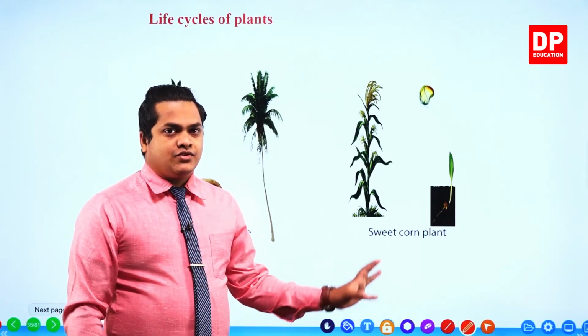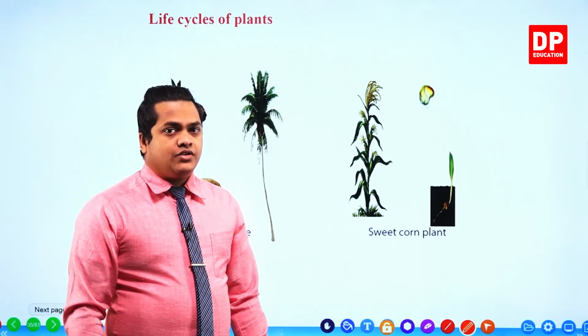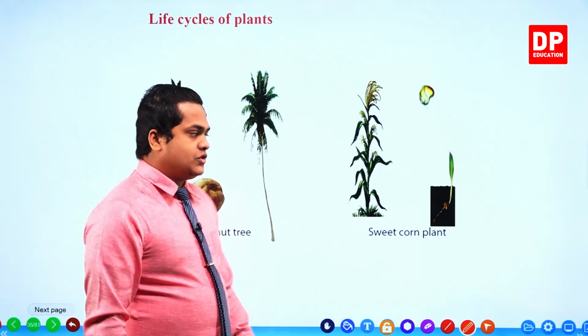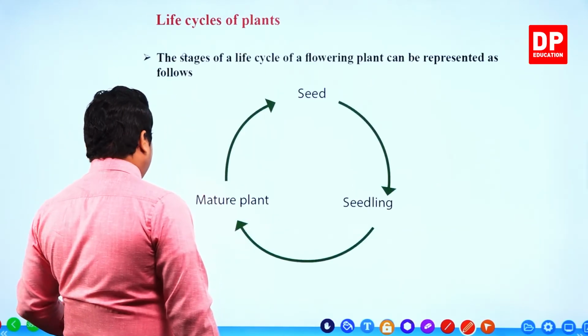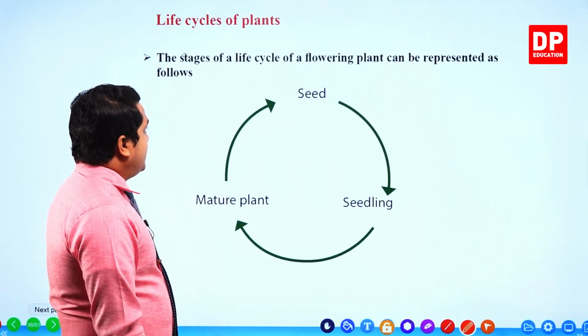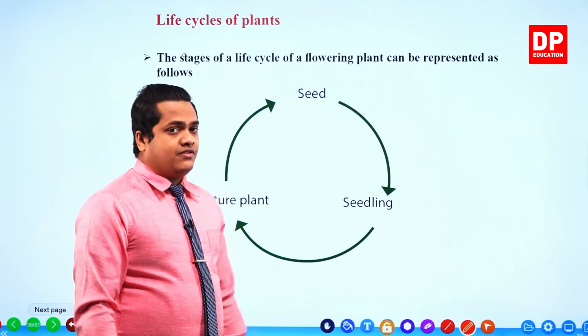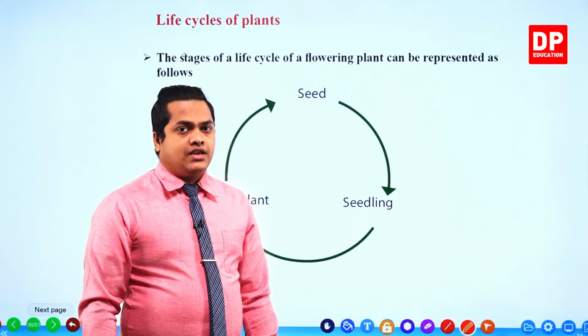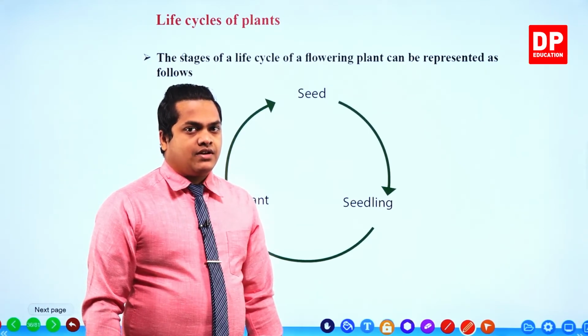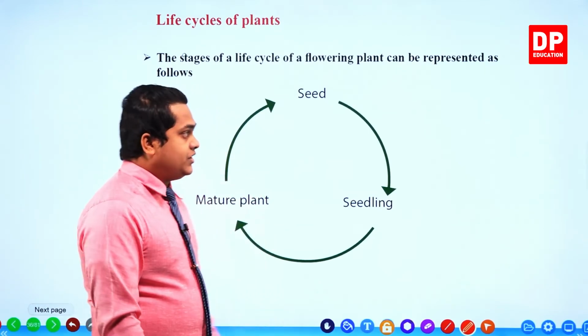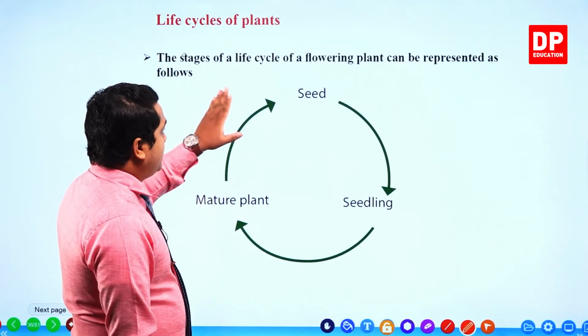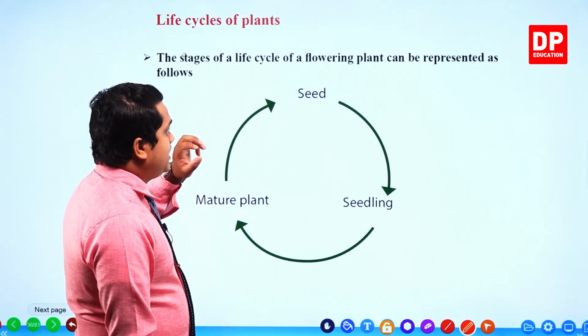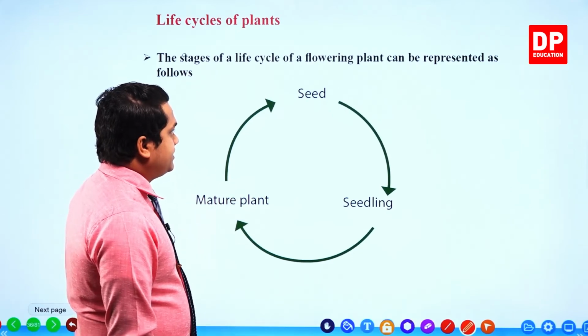Usually plants show this kind of life process. So when you go further with the lesson, you can see that there are 3 stages of a flowering plant, my dear children. So the 3 stages of the life cycle of a flowering plant can be represented like this.